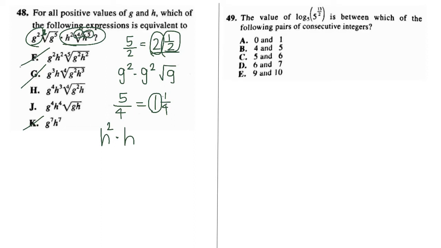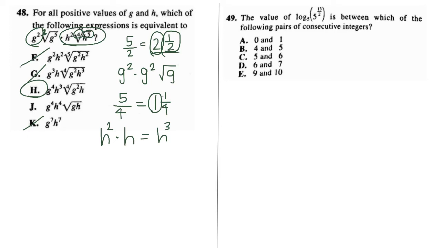So let's examine what's out here. So that's going to be h to the 3rd. So what answer choice would that have to be where I have an h to the 3rd and a g to the 4th? That would be answer choice H. And notice I just completely ignored the stuff under the radical, and that should always work.